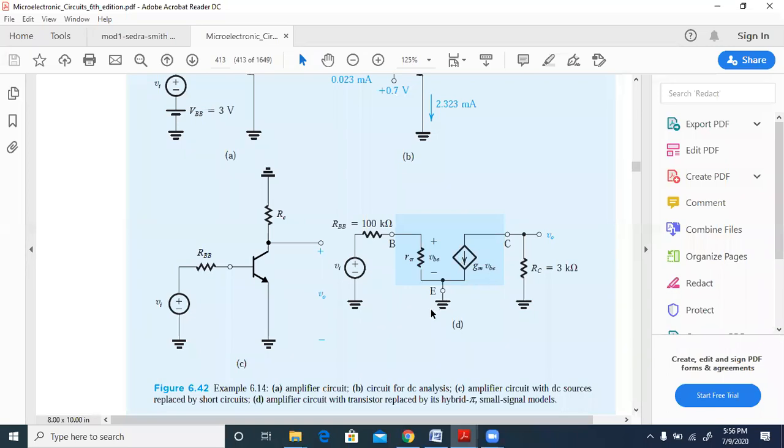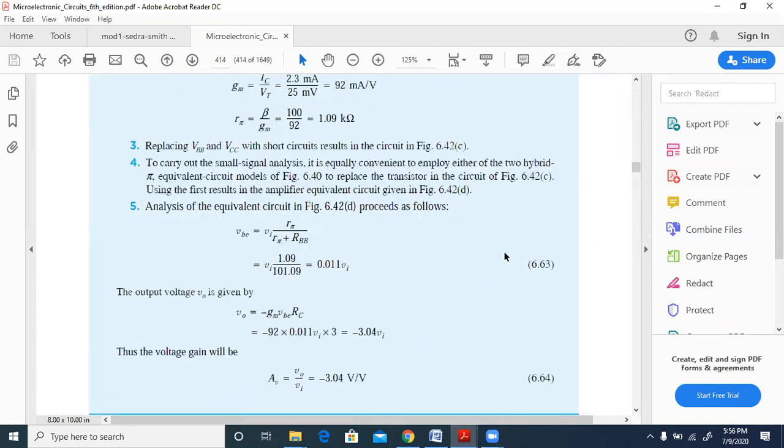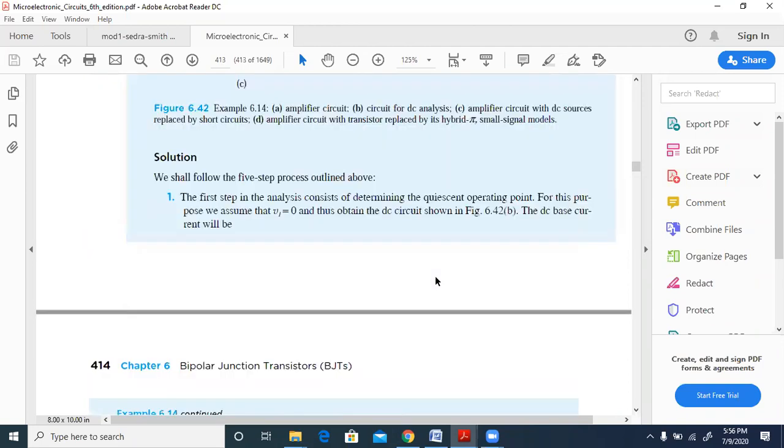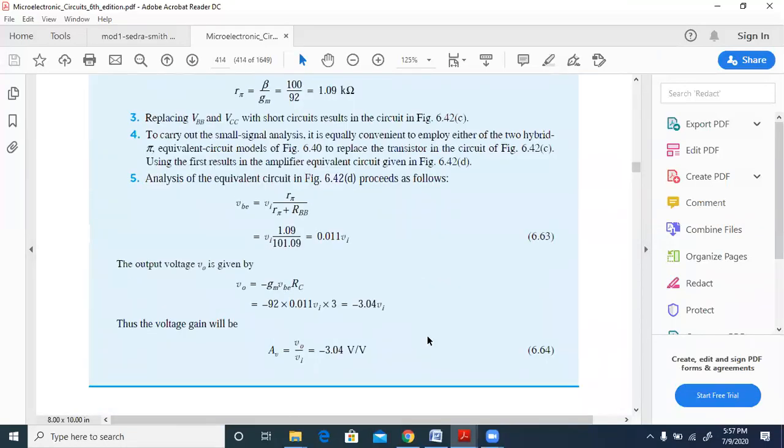So GM is calculated there, 92 milliampere per volt, and the value of VB is 0.011 into VI. Both are to be multiplied and we'll get that current, which is multiplied by the RC, because current is flowing like this from the ground upward, meaning minus of GMVB into RC, and that is what we have written over here.